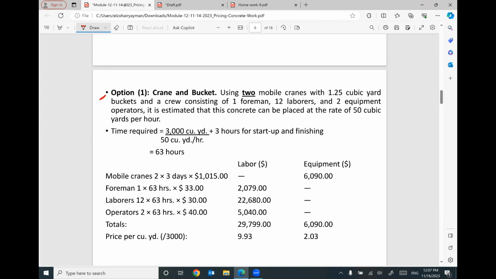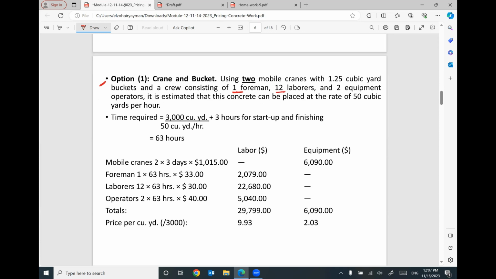In this method, I need 2 cranes to be rented and a crew consisting of 1 foreman, 12 laborers, and 2 equipment operators. Let's see what the cost will be for this option.